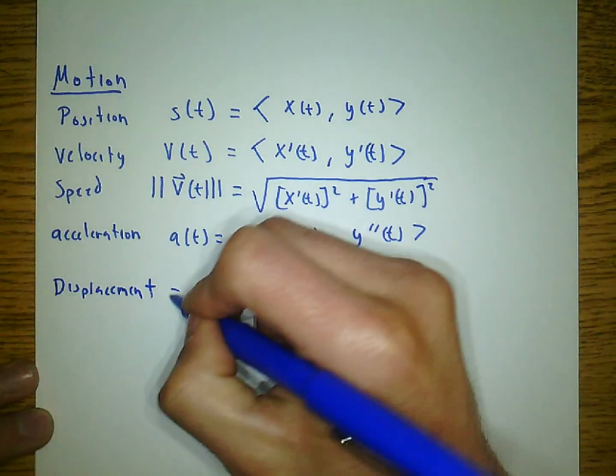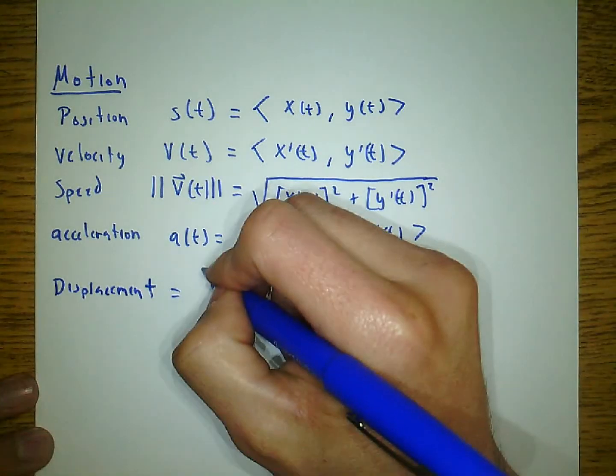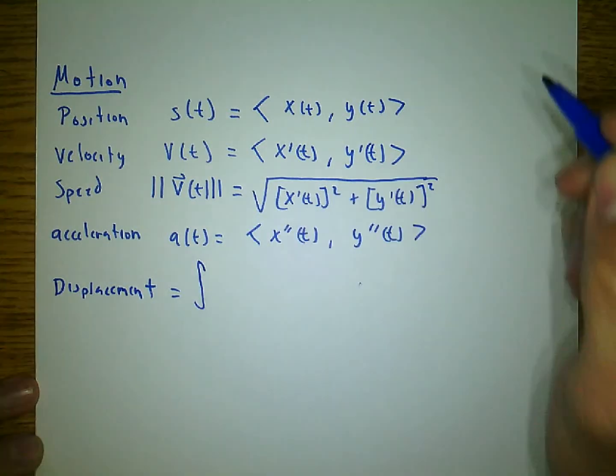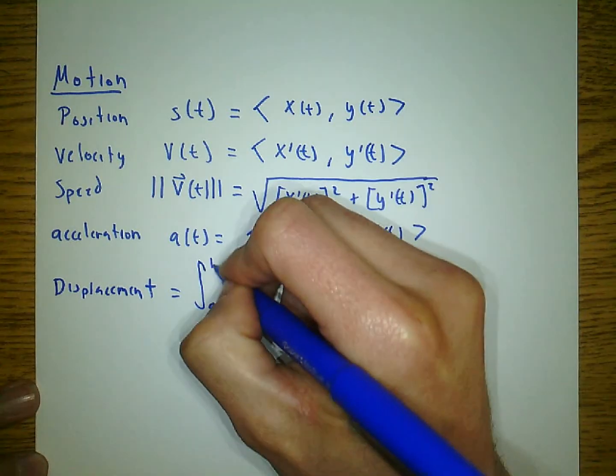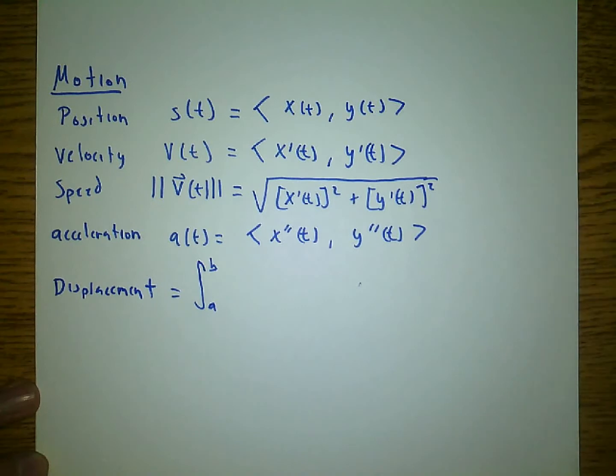Area under the curve. It's going to be area under the curve. So it's got to be some type of interval, and it has to be a definite interval if we're going to find area under the curve. So it has to be from some value to some value. Now this a and b are going to be t values since we're dealing with t. So it's going to be area under the curve of the velocity.